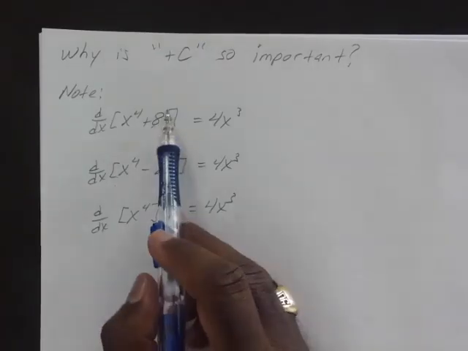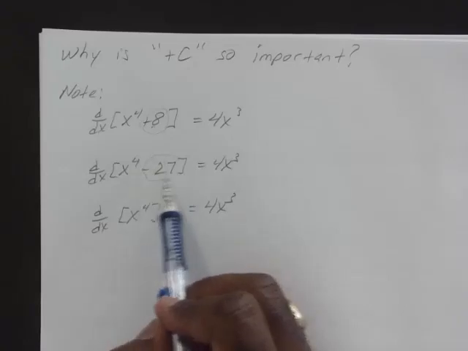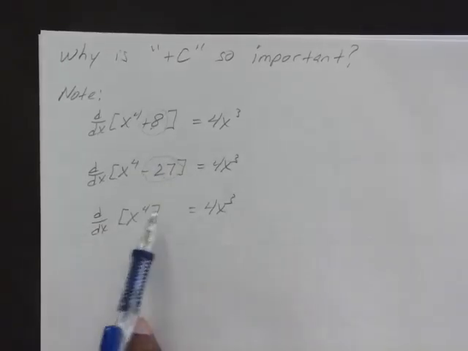So that plus C just acknowledges that each of them could have a different constant, or that constant could be 0.